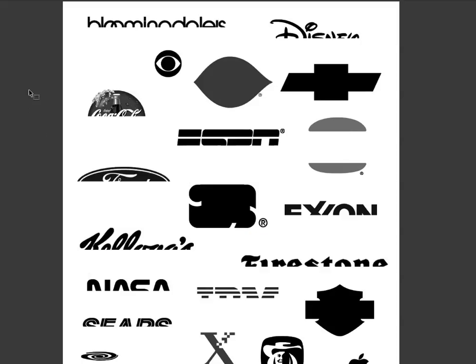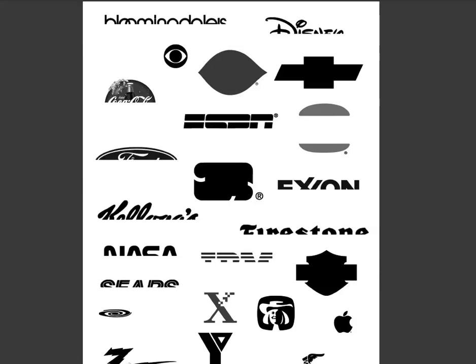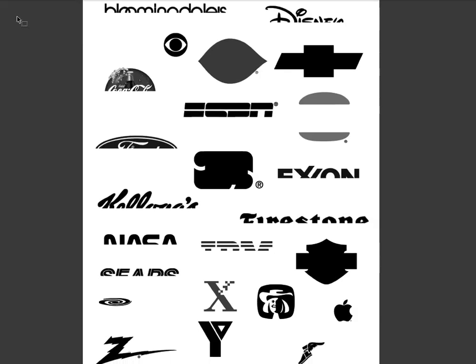Take a look at some of these and see what's going on here. What logos are what? These are all very recognizable, very established logos. You can see half of them.